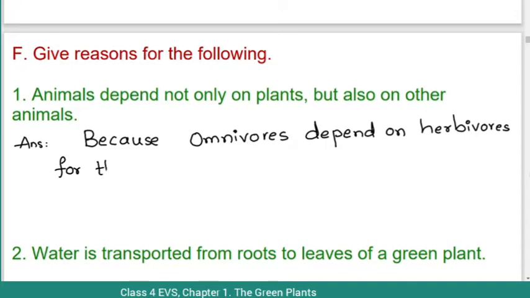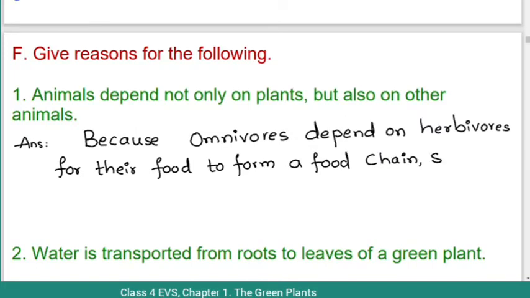Omnivores depend on herbivores for their food to form a food chain. So, animals depend on other animals.